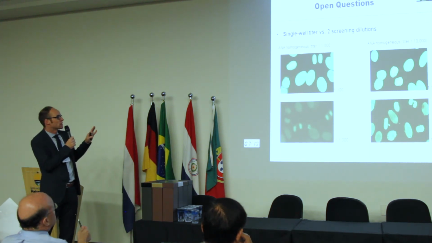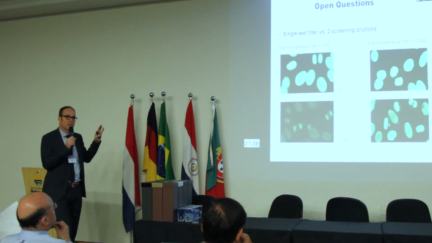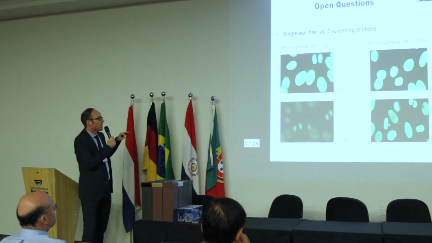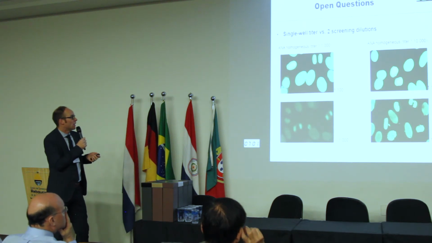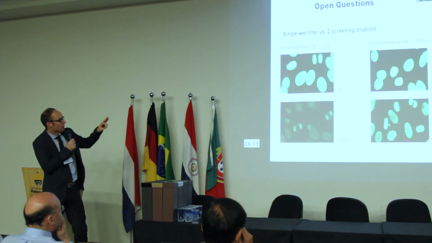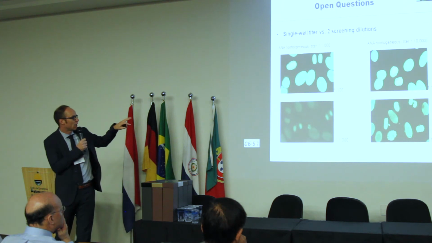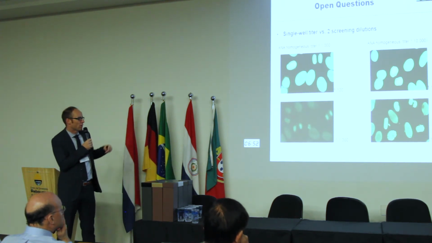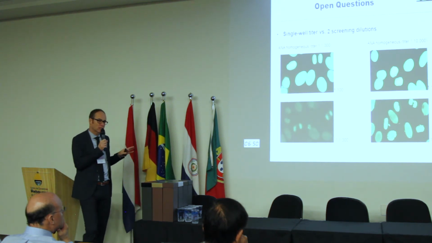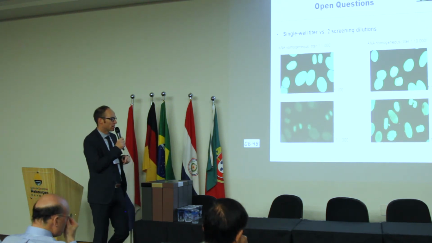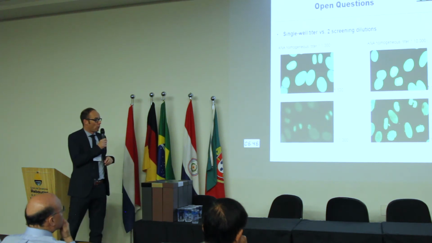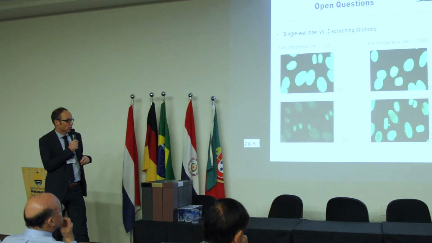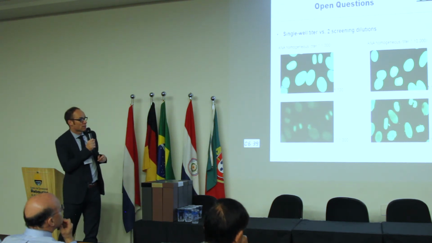One discussion also is single well titer, because some people really estimate the titer from the initial screen. And here I have two examples where the sample looks pretty much the same in the 1 in 100 dilution, but if you titer it out to 1 in 1000, you see that the first sample on the left-hand side is just weakly positive, so the end titer here is 1 in 1000, while on the right-hand side the sample is still strongly positive at 1 in 1000, meaning the end titer may be 10,000.